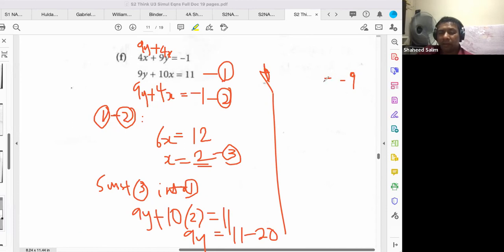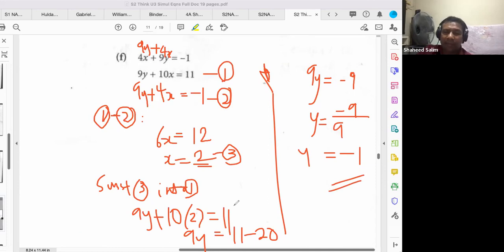Then 9y equals minus 9, so y equals minus 9 divided by 9 equals -1. Finish, you got the answer. Y equals -1, X equals 2. Okay? Can you get it or not?